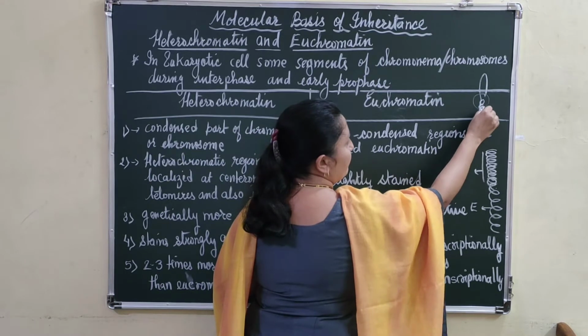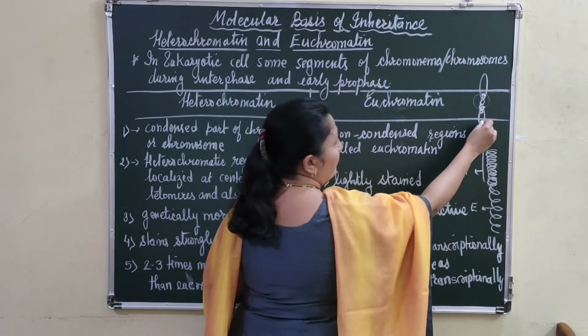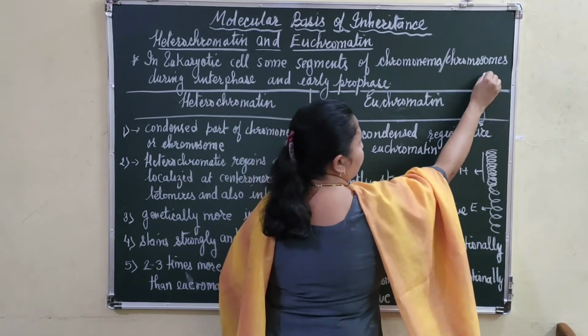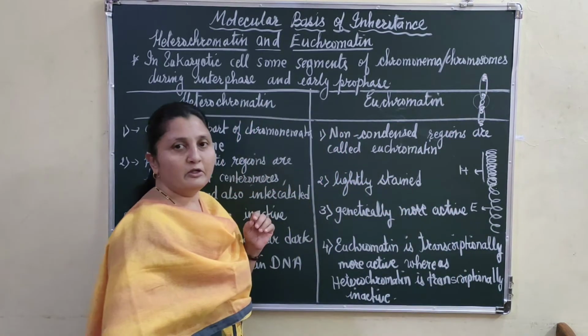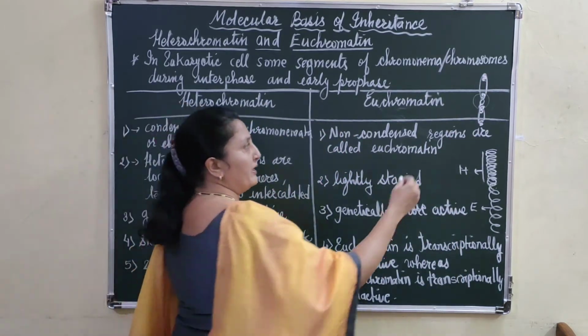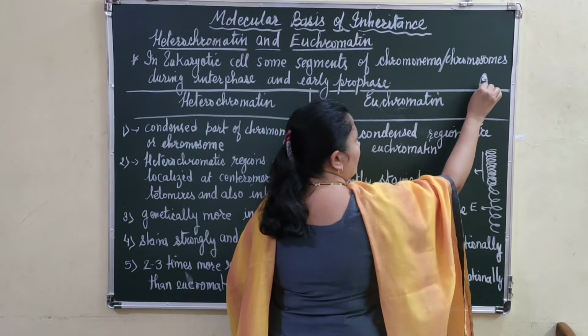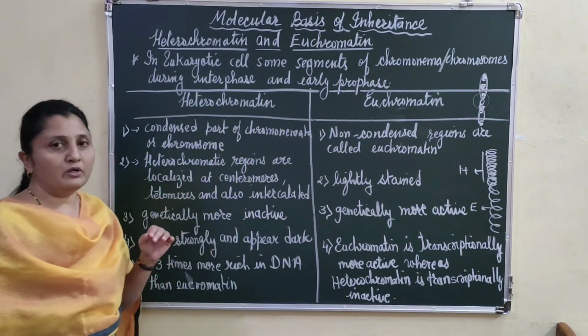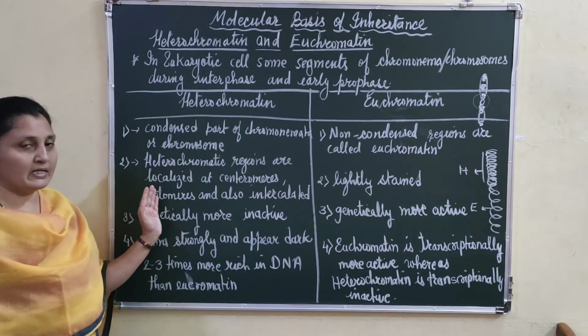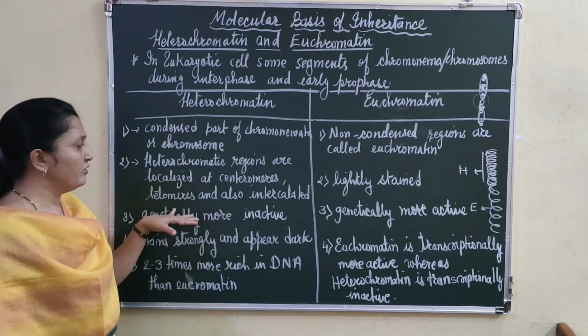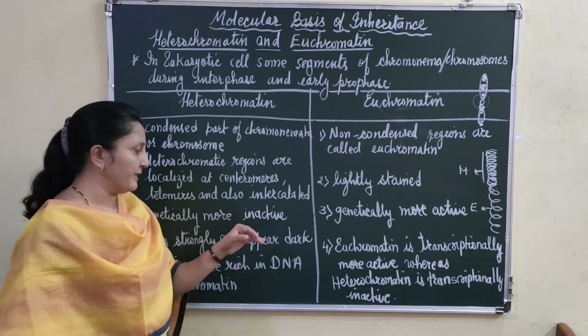Here you will find a heterochromatin region. You might find it at telomeres. You may also find the heterochromatin region in between. So heterochromatin regions are seen at centromeres, at telomeres, and also intercalated.